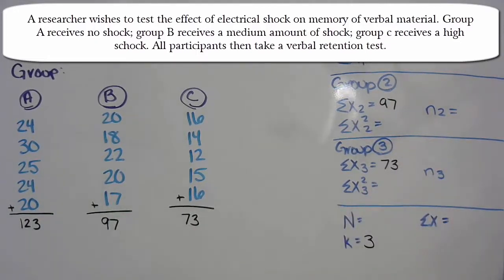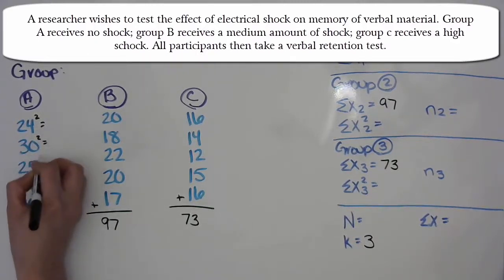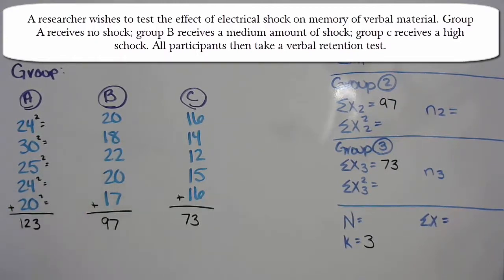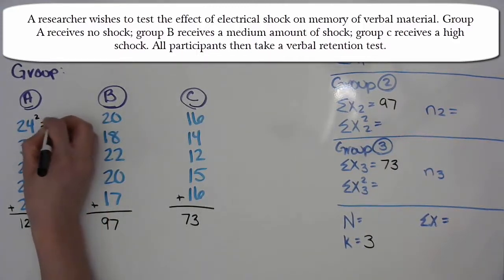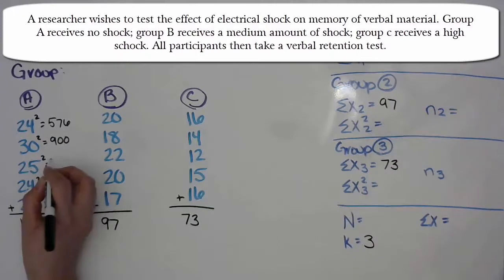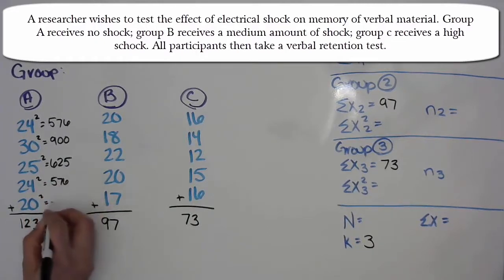Okay, so now we just have to square all of these and then add all of those up together. When we square all of these, 24 squared is 576, and then 30 squared is 900, 25 squared is 625, 24 squared is 576, and 20 squared is 400.